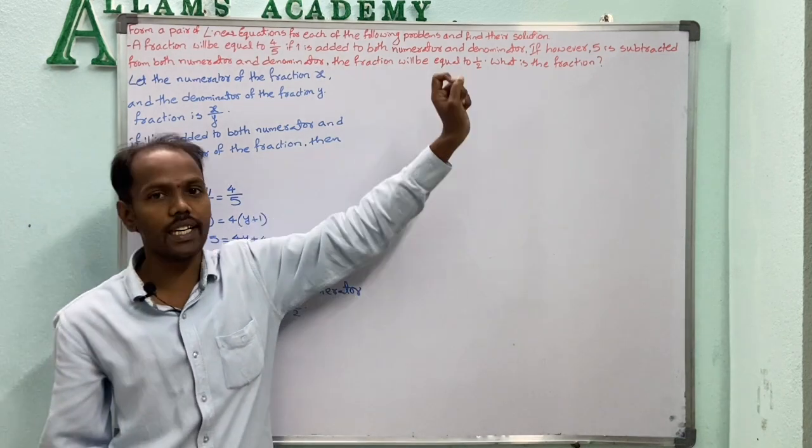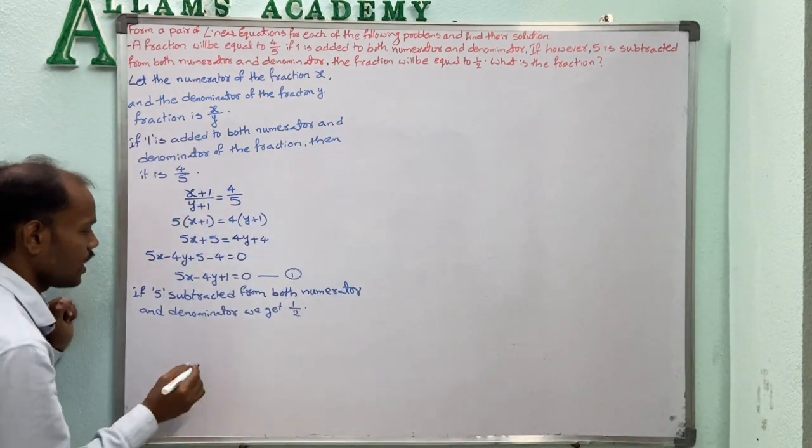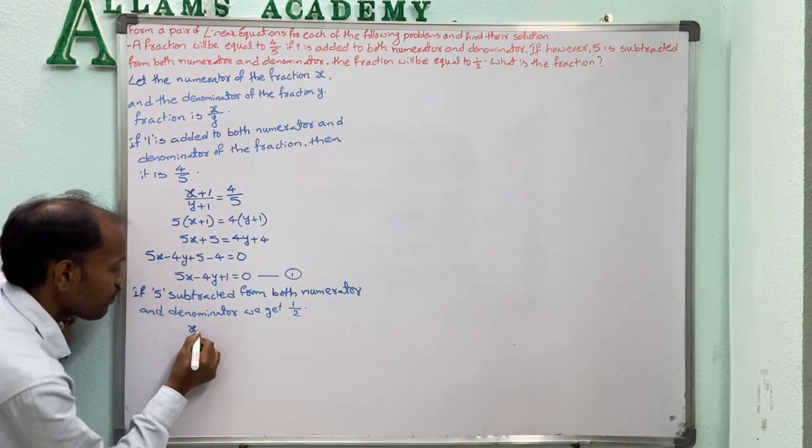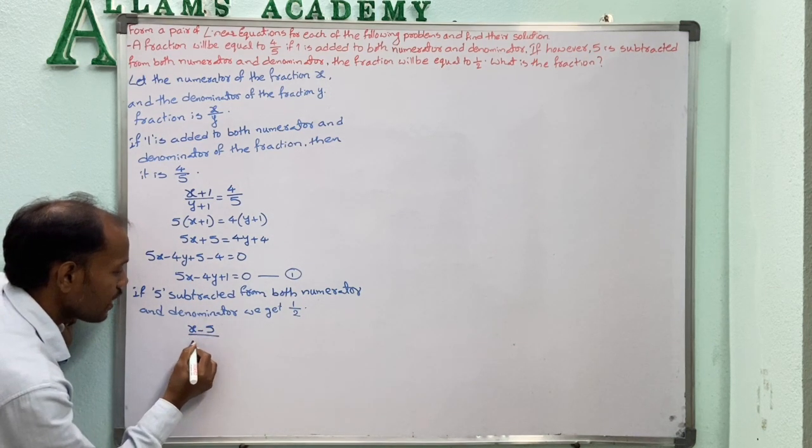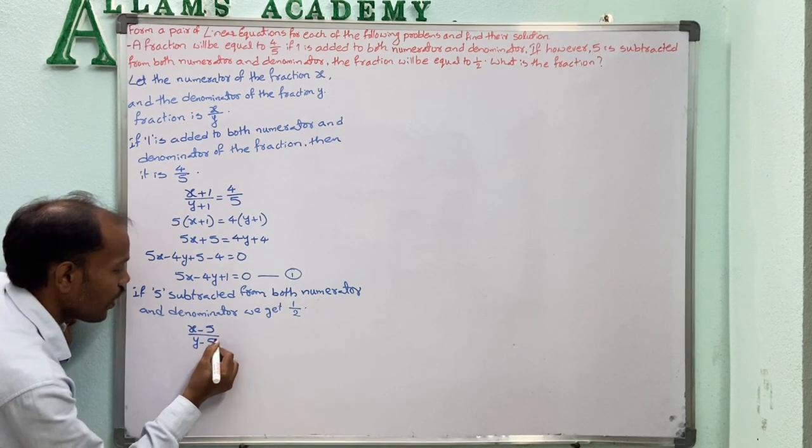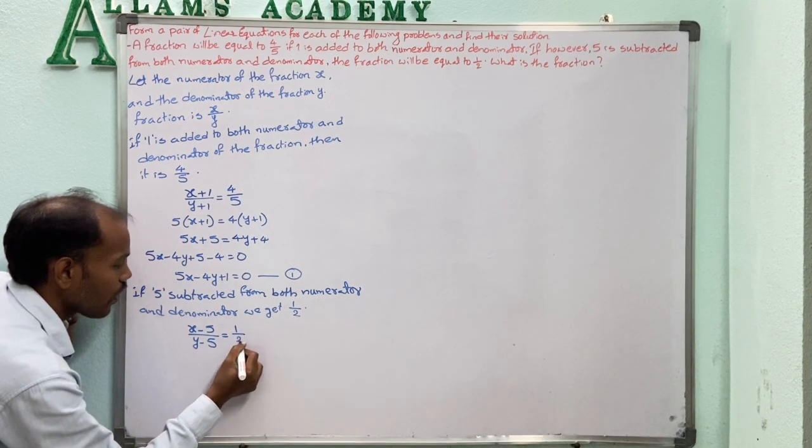That is what is given here. So x minus 5 by y minus 5 equal to 1 by 2.